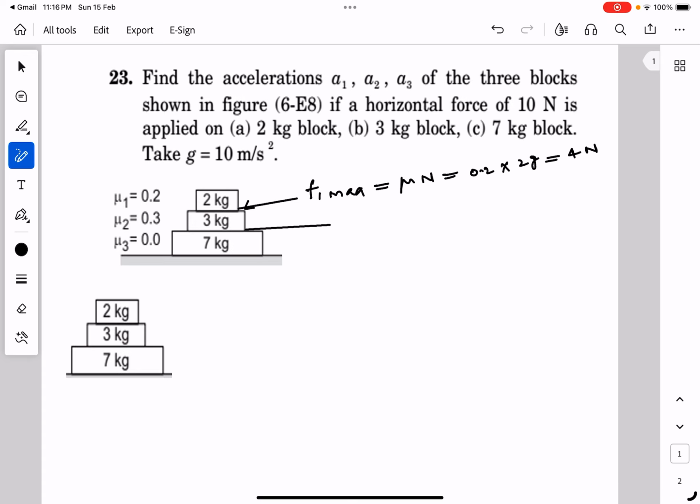Between 3 kg block and 7 kg block, let's call it F2 maximum. Mu in this case is 0.3 and normal force is 5 into g, so this is equal to 15 Newton.